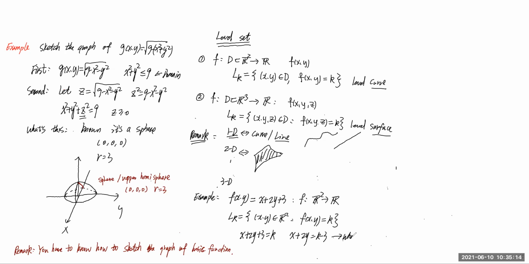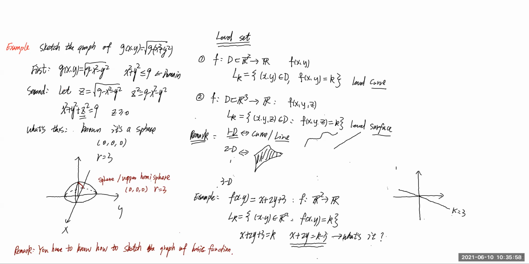So what is this? Let's draw a picture. For different k, this is a different line in R2, right? You may ask what I am doing. I'm helping you to understand the levels. If k is 3, you get the level set for k equals 3.